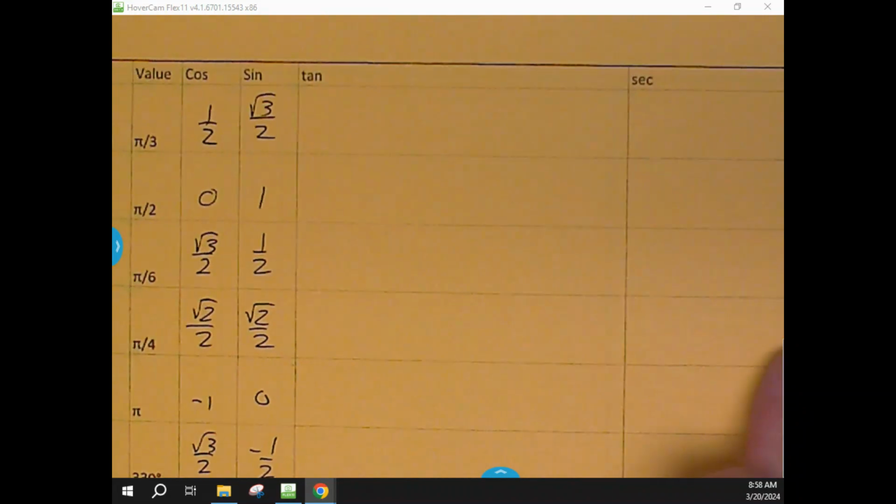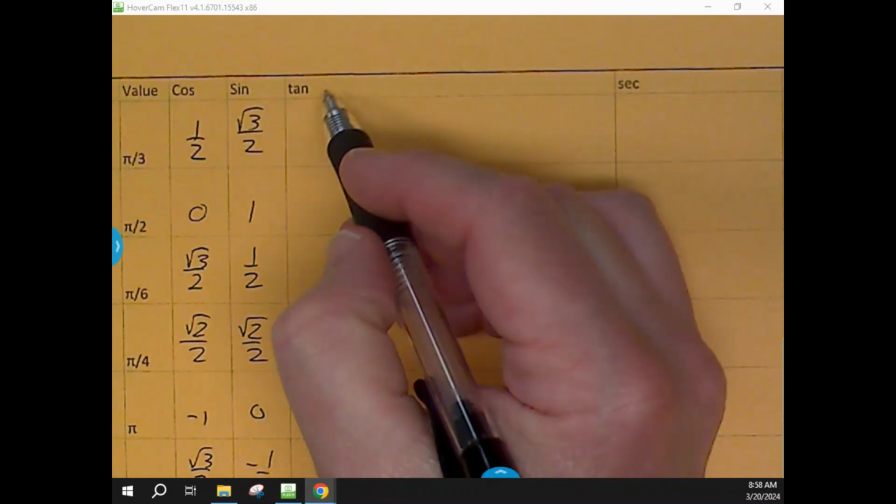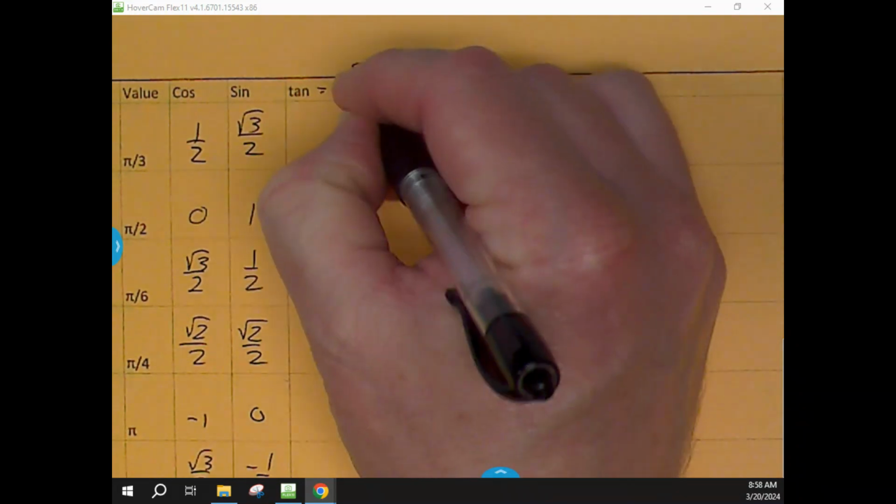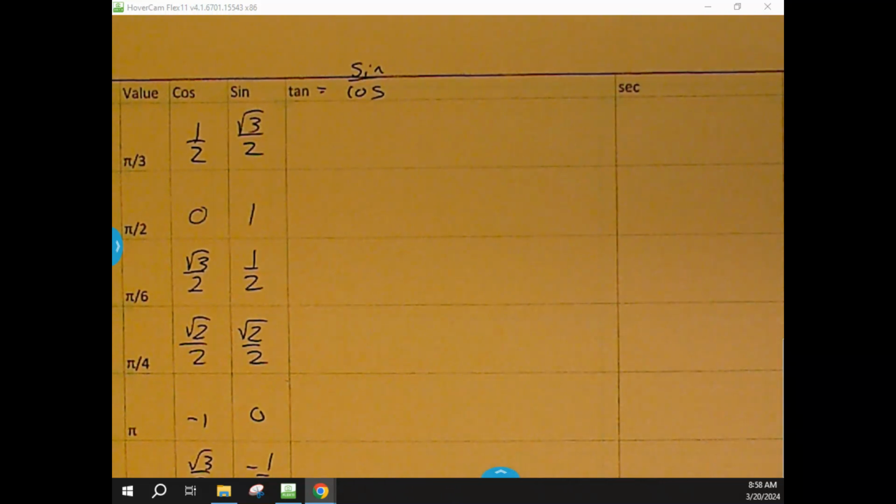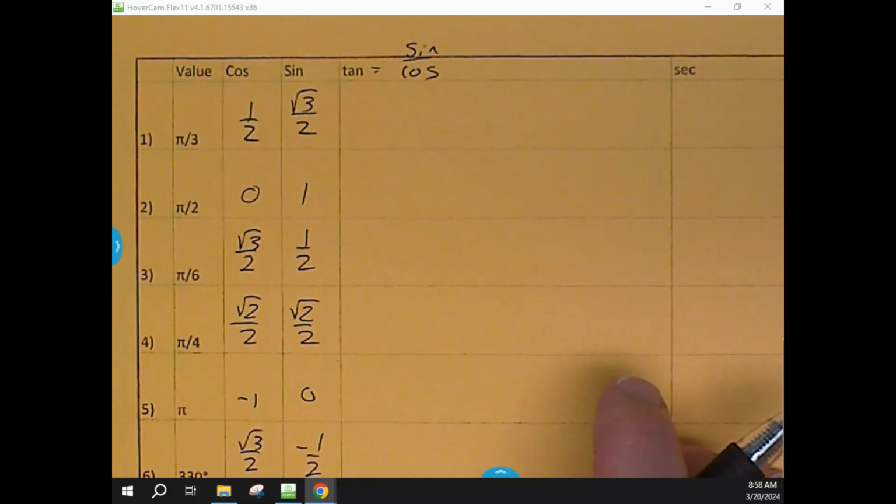Okay, now here's where we have to kind of do some new things a little bit. All right, so now with tangent, we said tangent was going to be sine over cosine. Okay, and some of the tangent problems we can do without any problem at all.